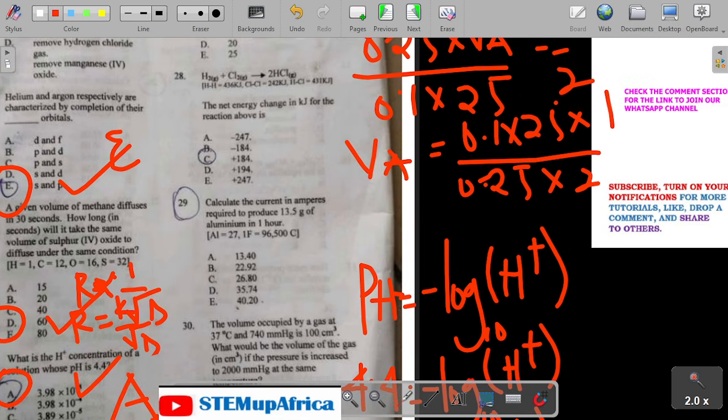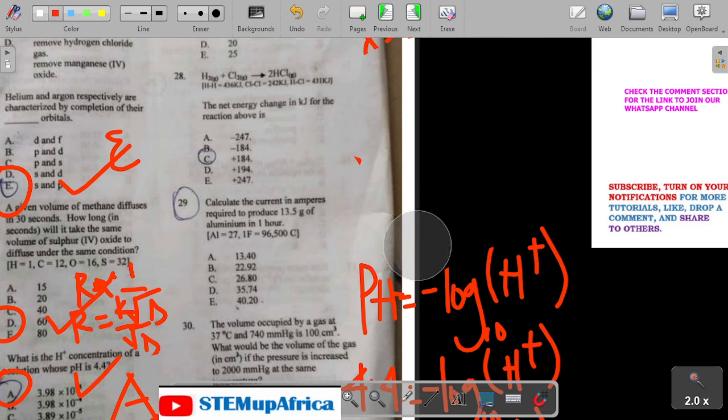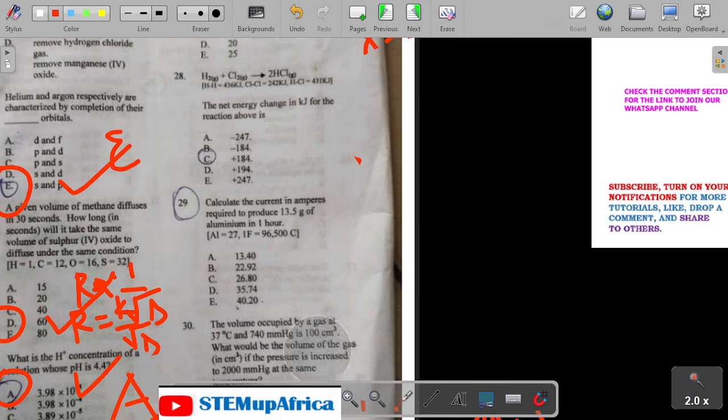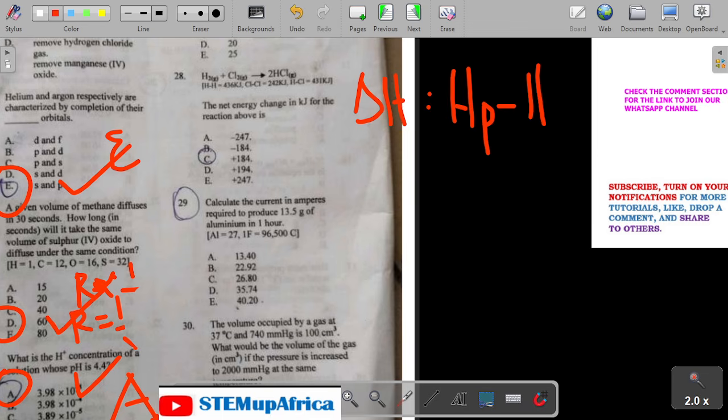Number 28. So calculate the change in delta H in the reaction above. We know that delta H, or change in net energy, is the heat of product minus the heat of reactant. So who are the reactants?